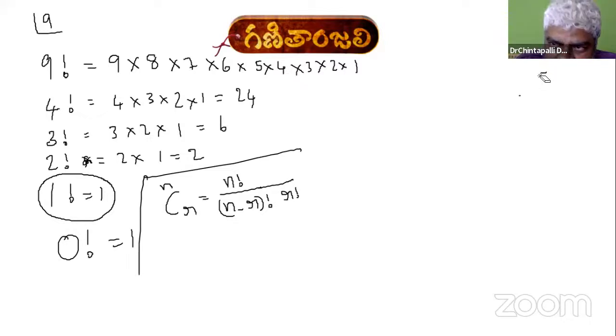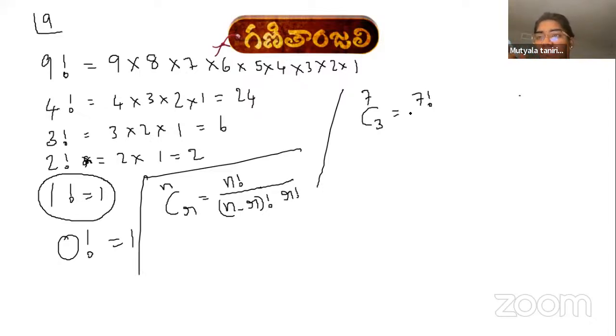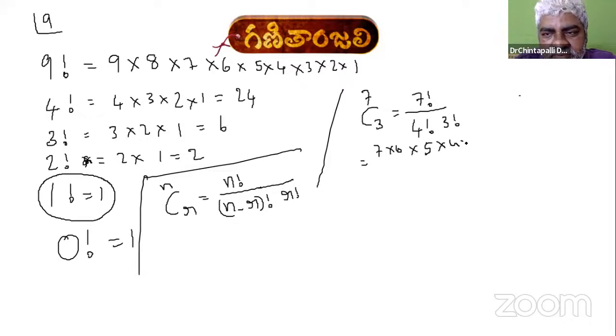For example, if we want to find the value of 7C3, use this formula. 7 factorial by (7 minus 3) factorial, that is 4 factorial, times 3 factorial. 7 factorial means 7 times 6 times 5 times 4 times 3 times 2 times 1.